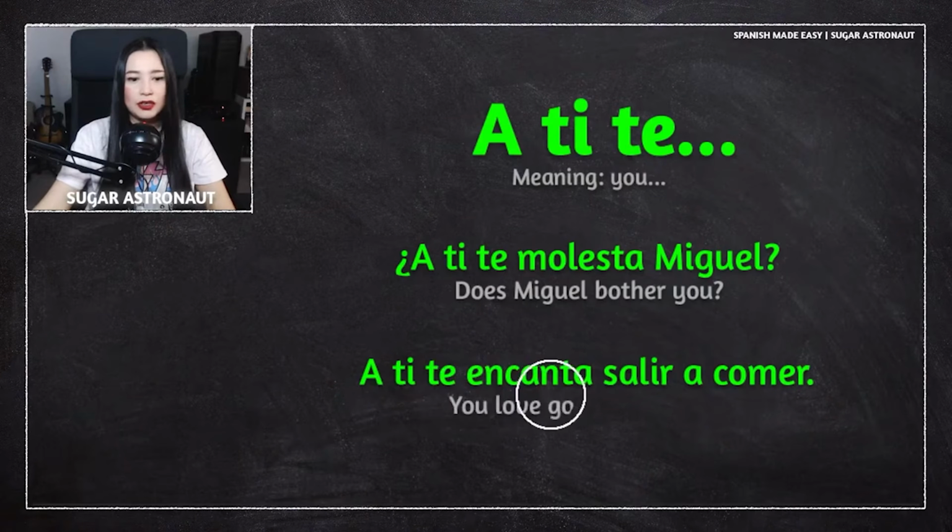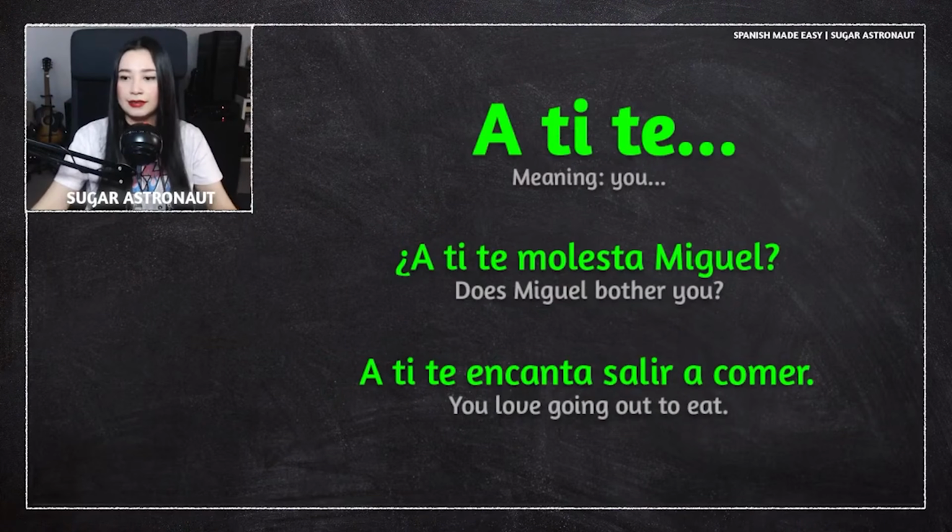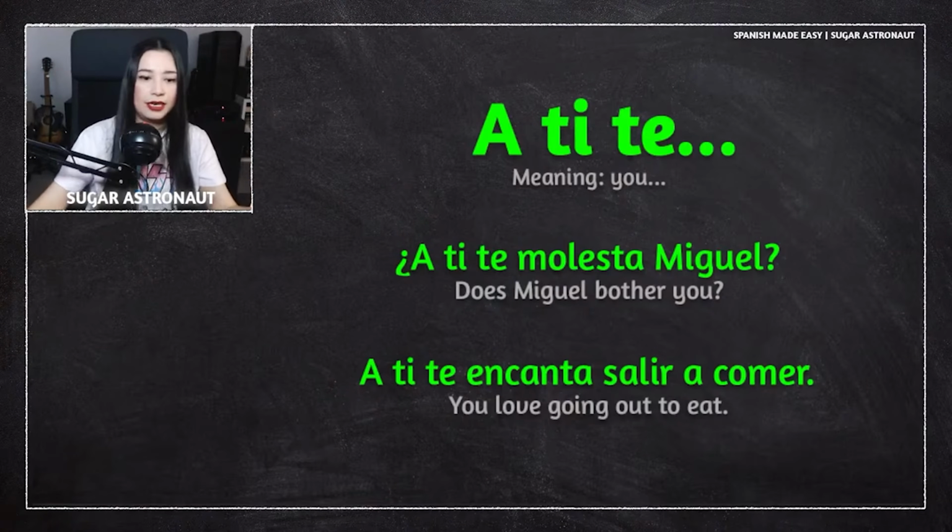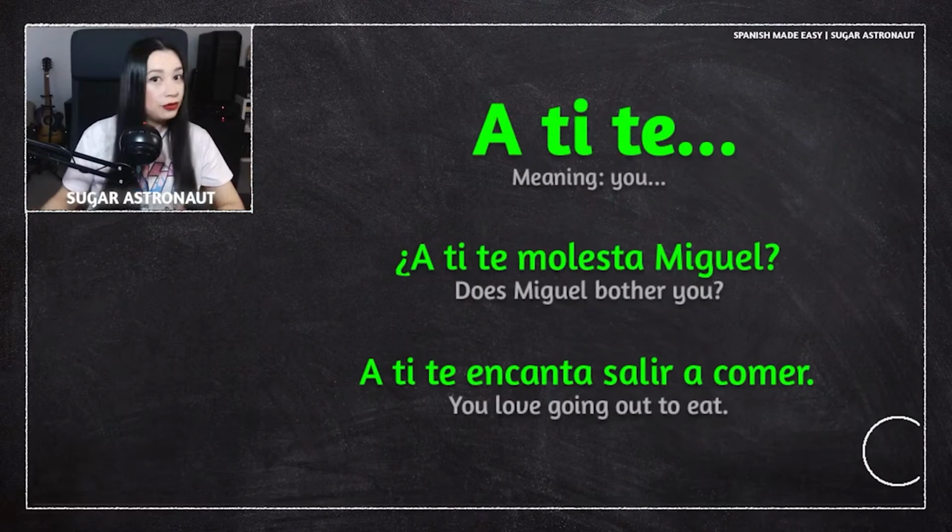This means you love or you like going out to eat. Okay? You're not asking questions here. You're saying that you love going out to eat. Okay? If we add the question marks, then it will be like saying, do you like going out to eat?